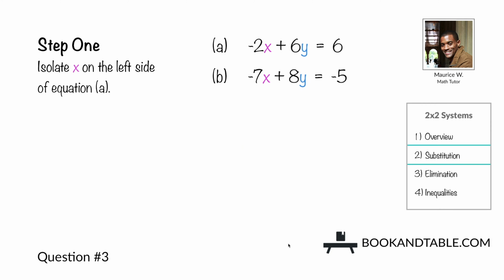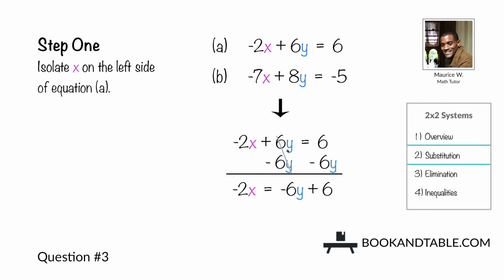In question number 3, we were given equation A, negative 2x plus 6y is equal to 6, and equation B, negative 7x plus 8y is equal to negative 5. So we'll start with equation A, and we'll isolate x on the left side. In order to do so, we'll subtract 6y from both sides, giving us negative 2x is equal to negative 6y plus 6.